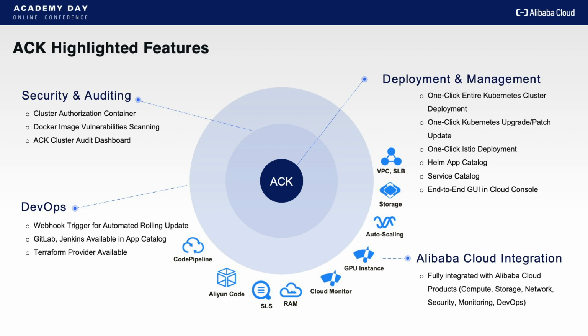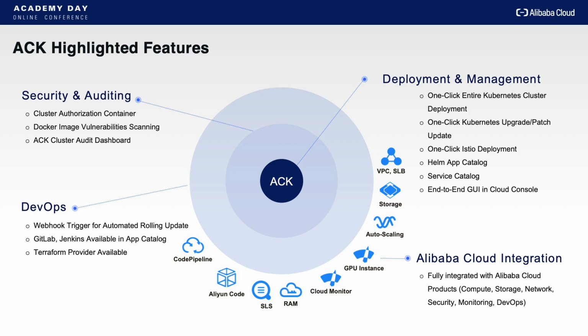About the DevOps, ACK provides automatic trigger for your service redeployment, and GitLab and Jenkins are available in ACK application catalog. And you can also use Terraform to provision your service and clusters in ACK.